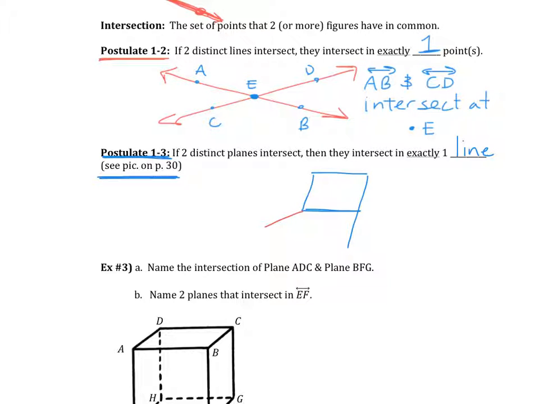Okay, so it's two planes that are overlapping here. But in your book, it's awesome because you can take that picture and manipulate it. You can rotate it, you can turn it, you can see where they're intersecting. If you look where this blue and red plane meet, it's right here. And because planes keep going, the intersection would keep going. So their intersection is that line. Okay? Questions on that?